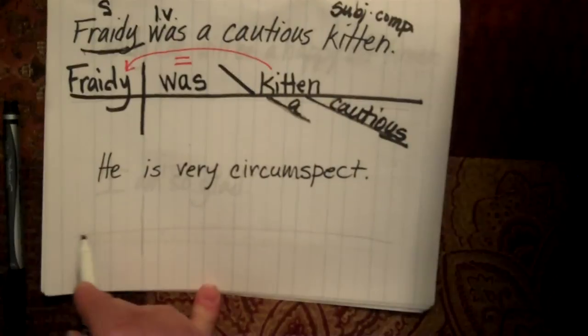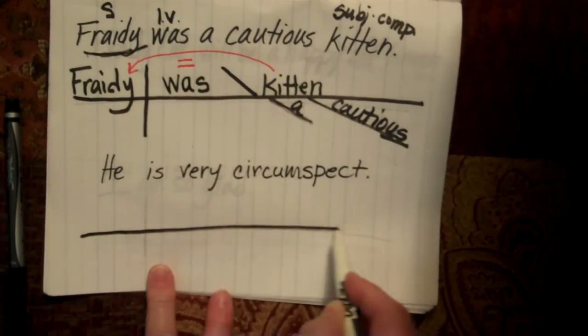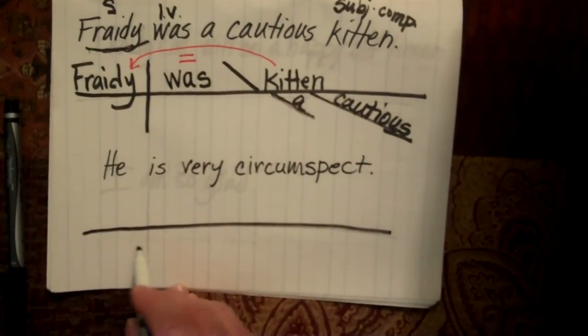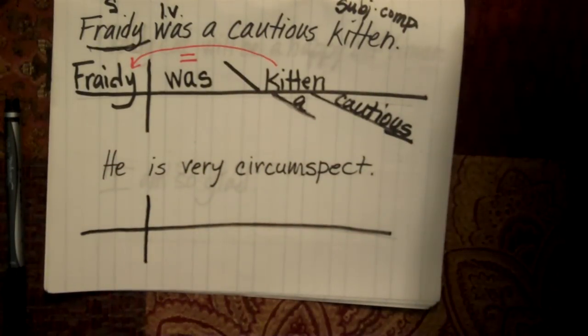So let's talk about this. We're going to first draw the line and talk through it as we diagram it. Every diagram needs the basic water line and a fishing line. It's your first step every time you diagram anything, okay? So then you ask the first sentence investigation question, which is, what's happening?